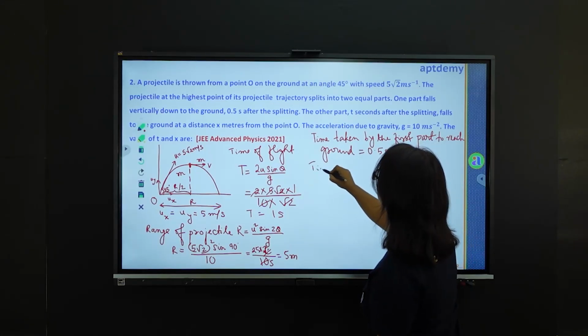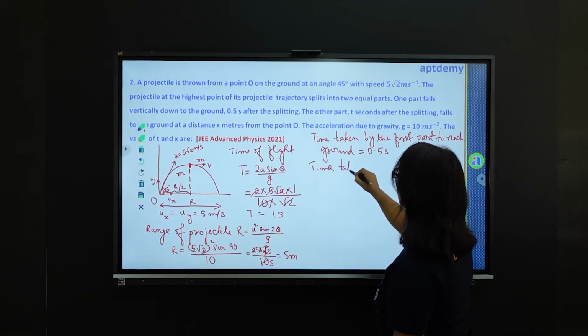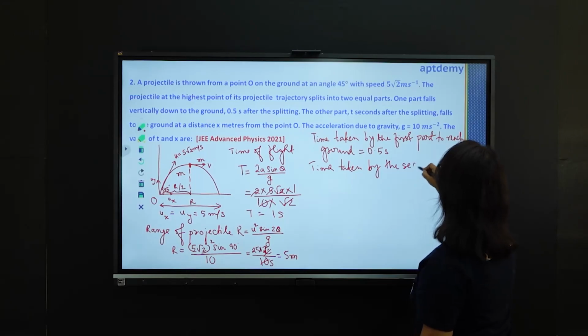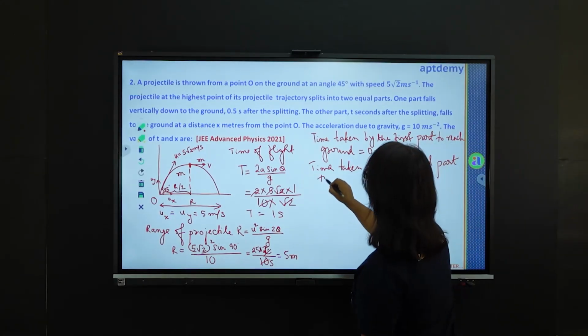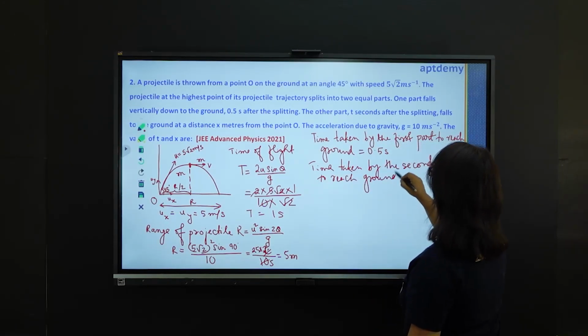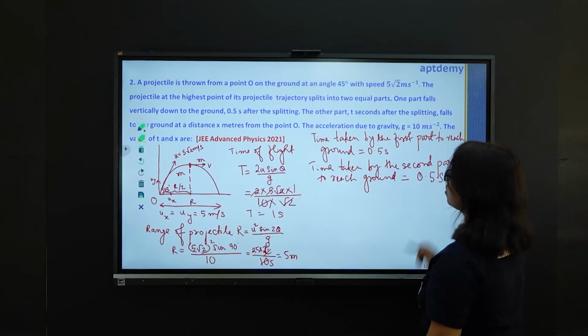Since the time of flight was 1 second, the time taken by the second part to reach the ground will again be 0.5 seconds. Hope you get this.